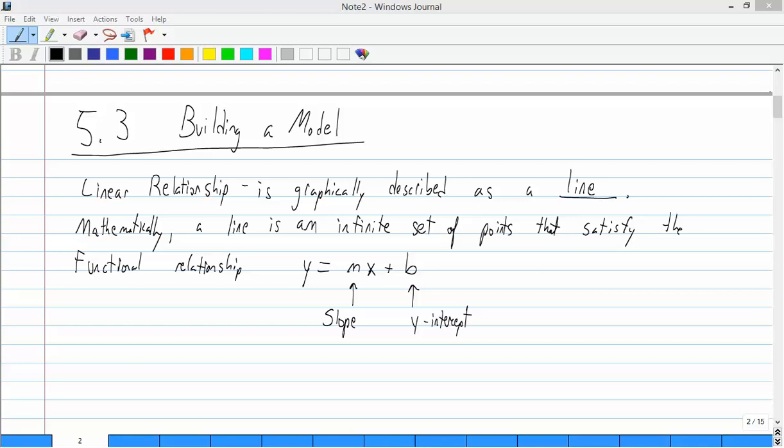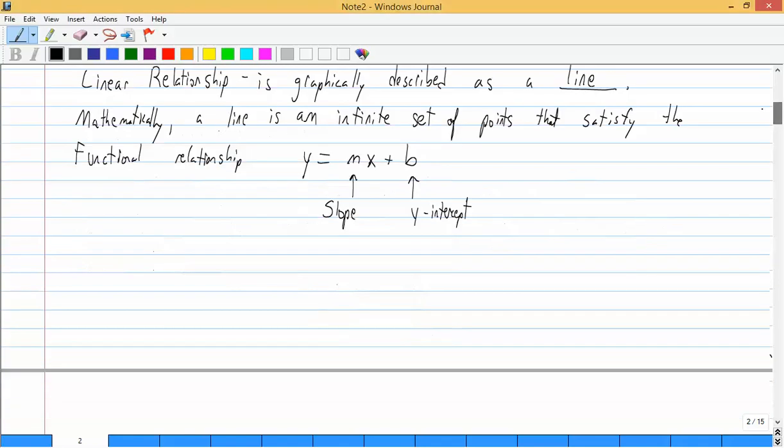Together, the slope and the y-intercept are called the parameters.